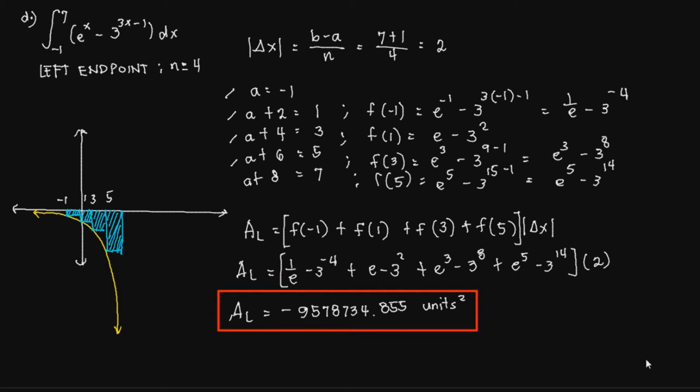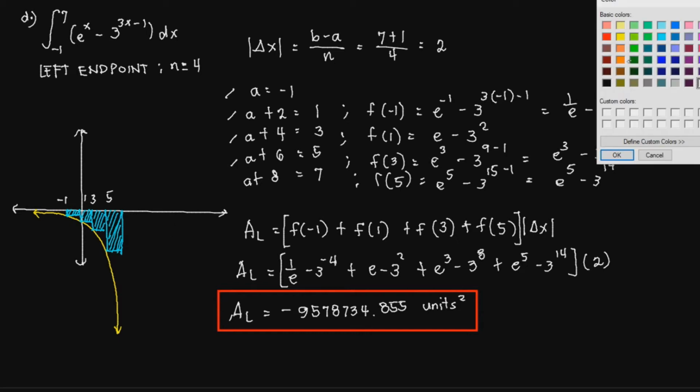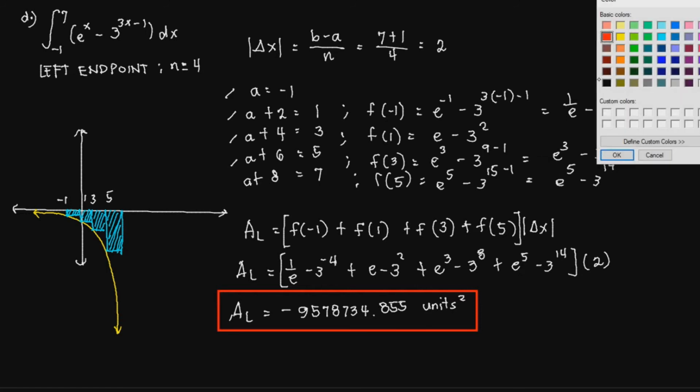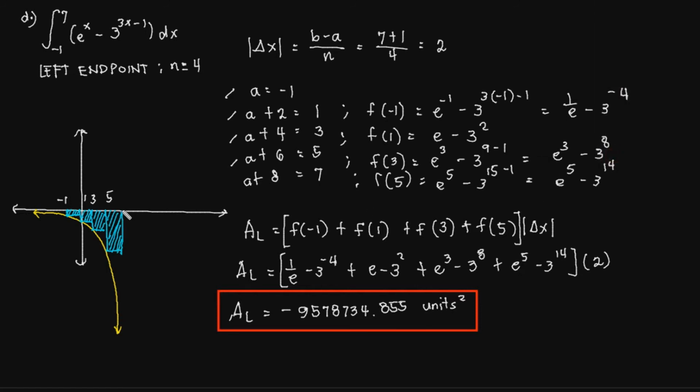Now anyway, let's proceed using the right endpoint, though it won't change much here. If I use the right endpoint to draw our rectangles, you'll notice I start with the right endpoint, which is 7. So 7 is right around here. Let's change the color. If I start with the right endpoint, it's here, and then I project it to the left.